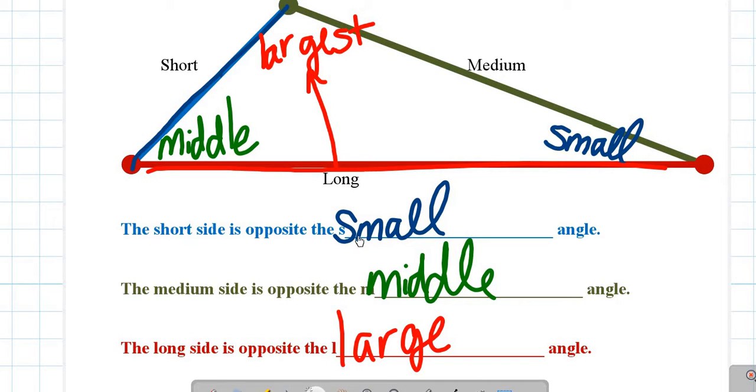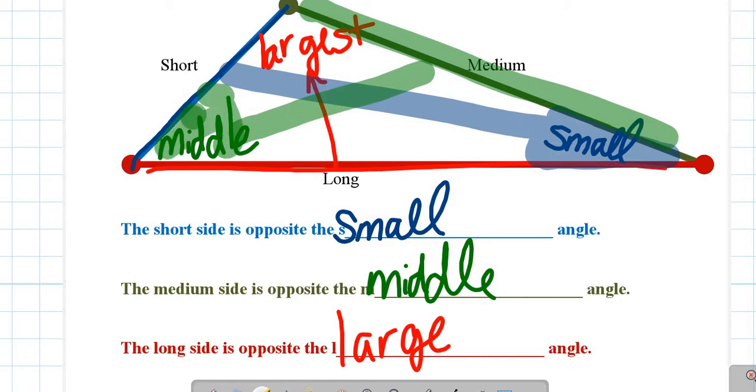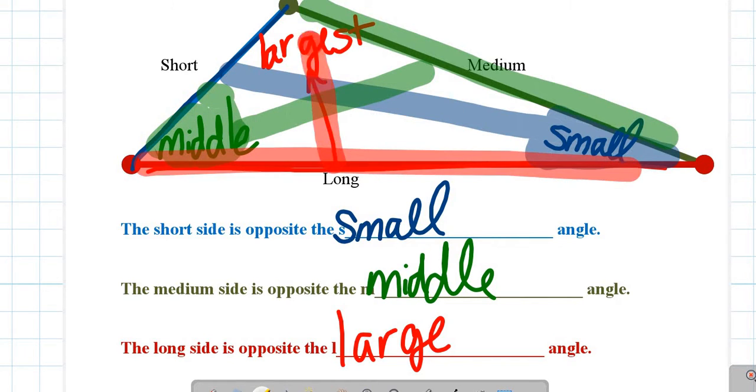So the shortest side is across the smallest angle, the medium side is across the middle angle, the longest side is across the largest angle. So the length of the sides influences the angles. Shortest side, smallest angle. Medium side, middle angle. Longest side, largest angle.